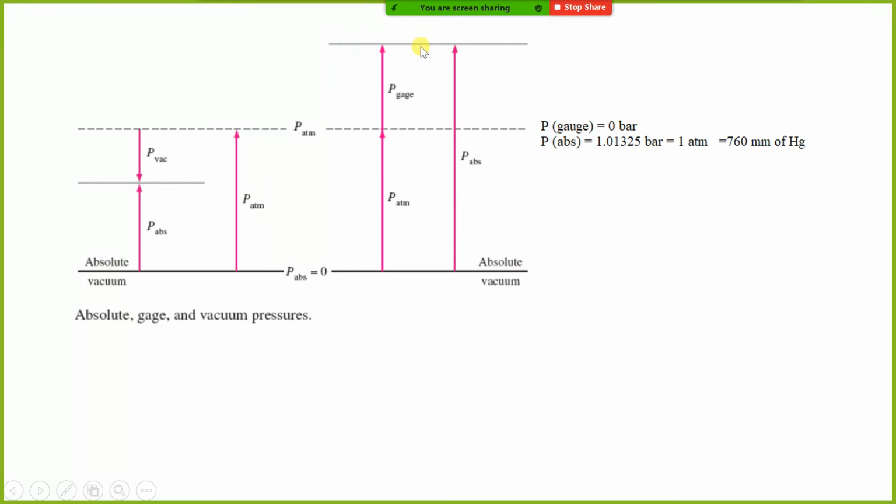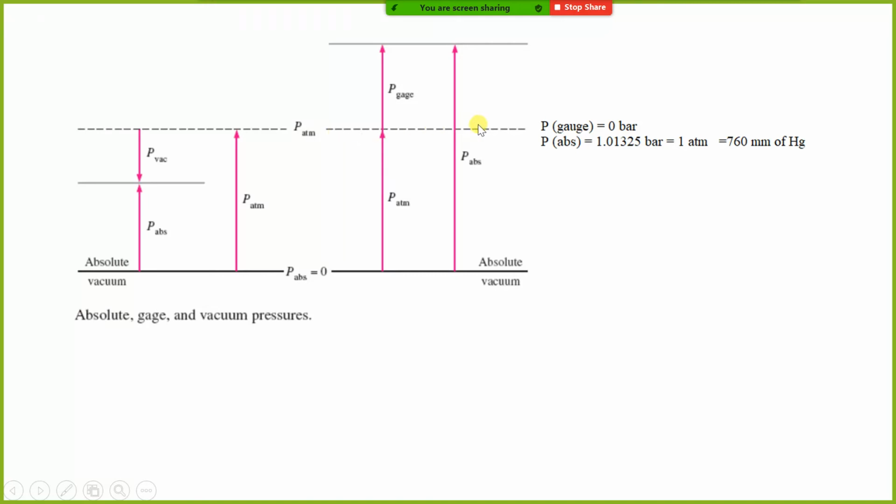Now this upper line represents the gauge pressure. If we are measuring the pressure of a gas and it shows, suppose, 2 bar. Any pressure gauge gives reading above atmospheric.